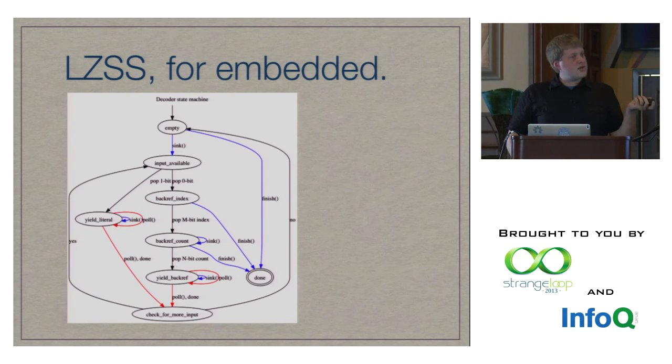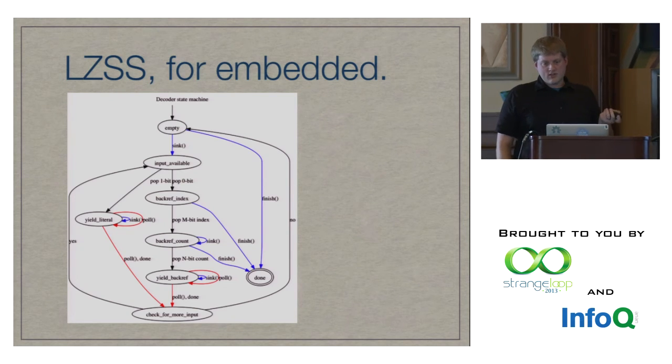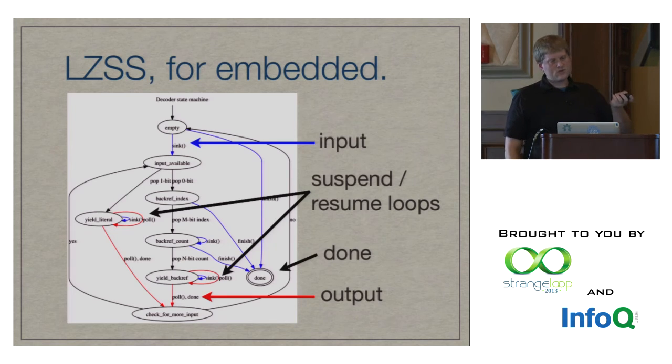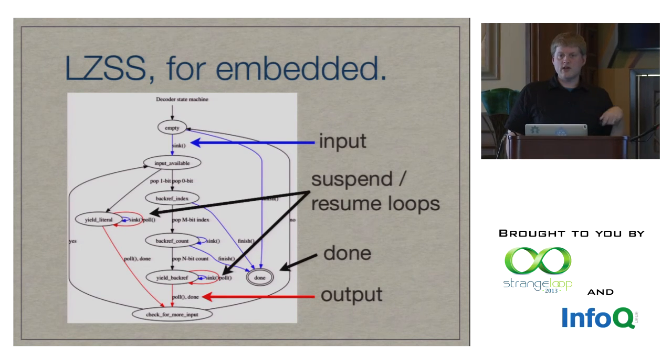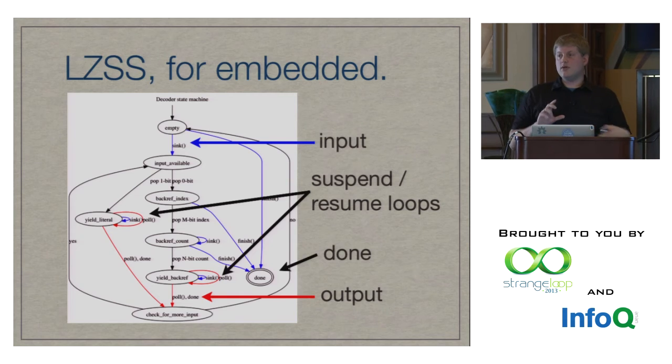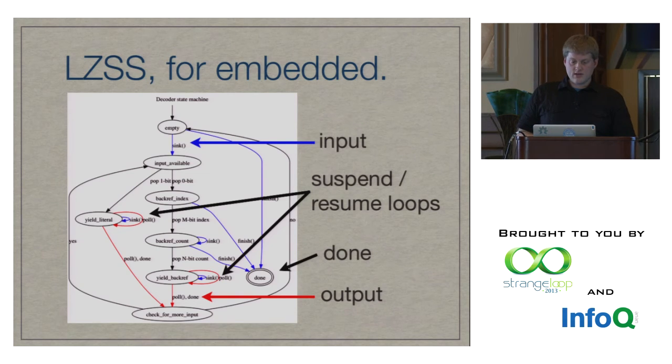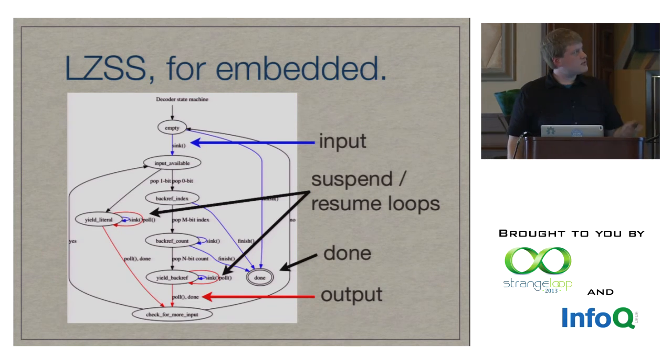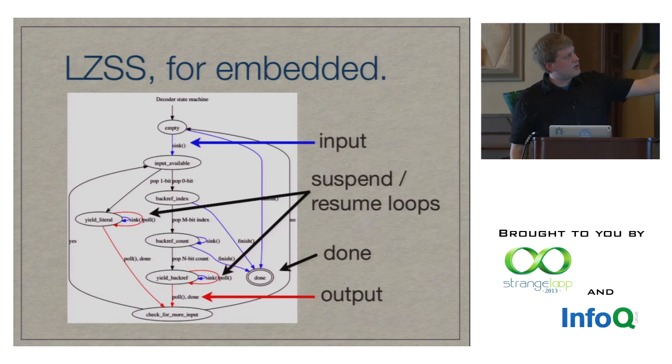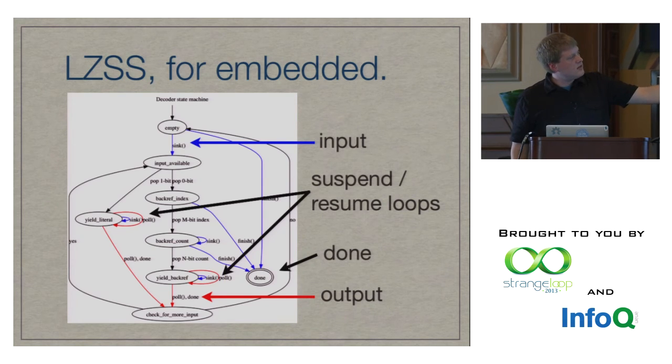And modeling this as a state machine helped shake out a lot of edge cases. So the blue transitions here are where the user of the library is inputting data into it. And the red transitions are where it is sending output into an output buffer that the user has supplied. And then there are also many states that actually have red and blue arcs on them.